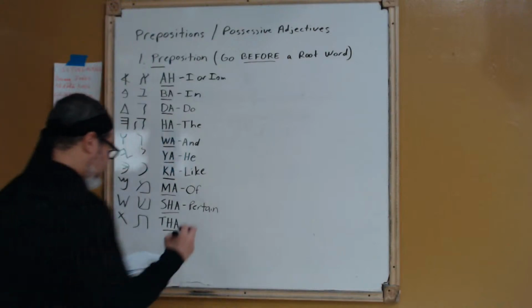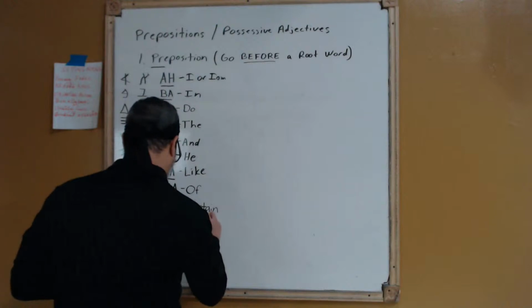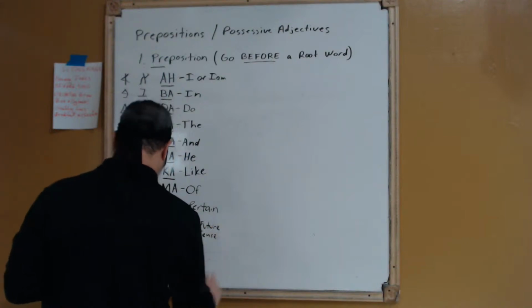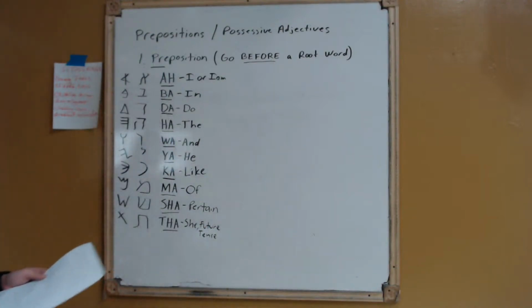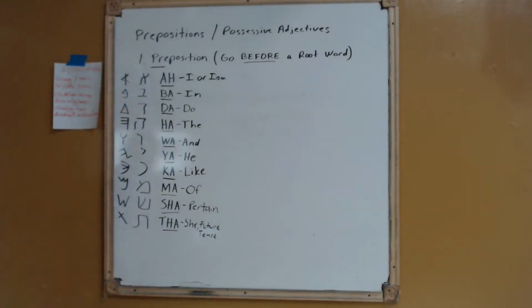And this could mean "she" or future tense. So these are the prepositions that you'll see that all go before a root word.